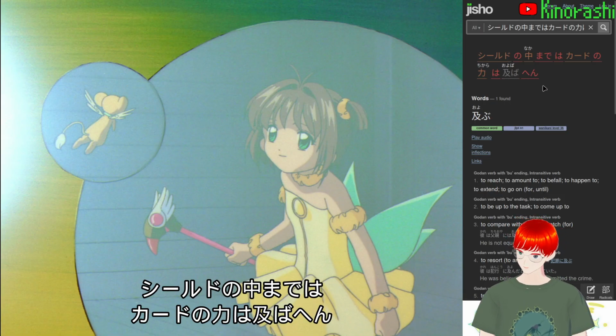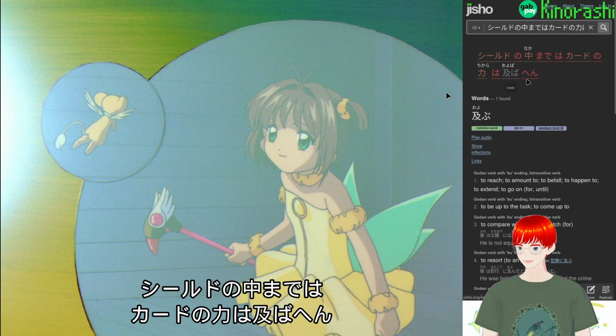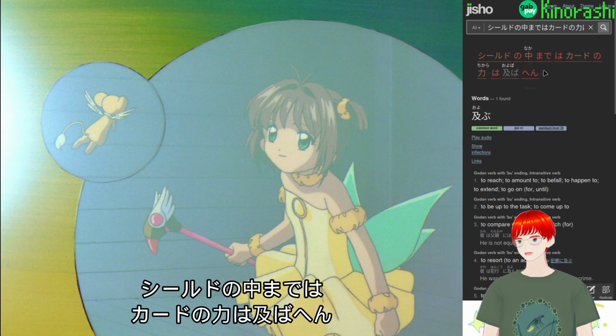So from oyobu, to reach, to amount to, to befall, to happen, to extend, to go on, to be up to the task, to compare. So not up to the task, we're not able to reach. So oyobahen, we're not able to reach. So the card's power is not able to reach.